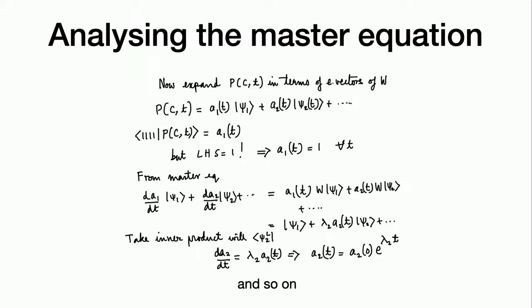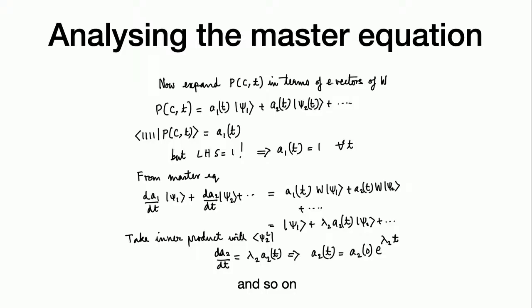Okay. But W acting on psi 1 should be lambda 1 times psi 1, since these are eigenvalues, plus lambda 2 times psi 2 plus so on. But lambda 1 is 0.